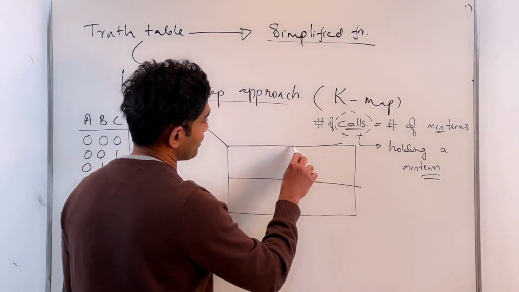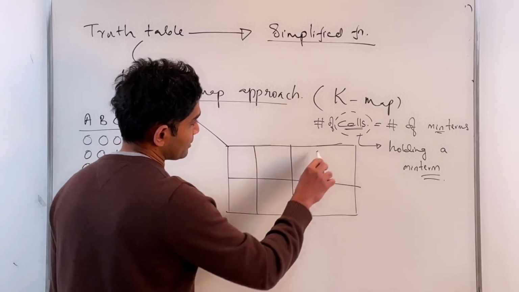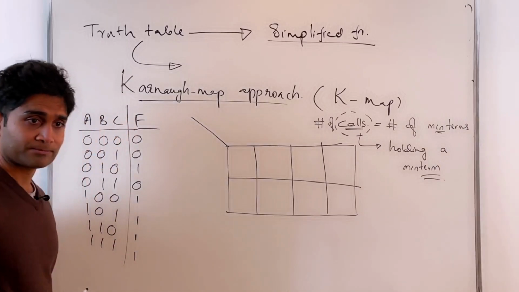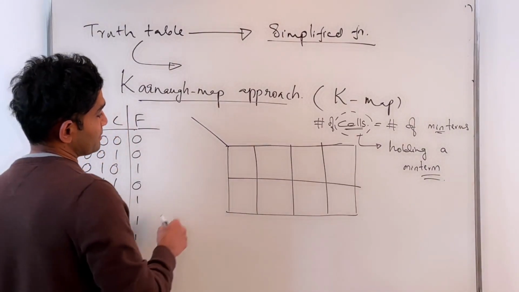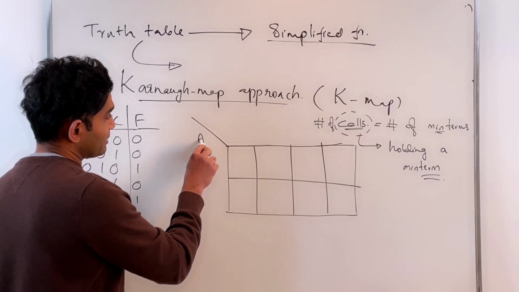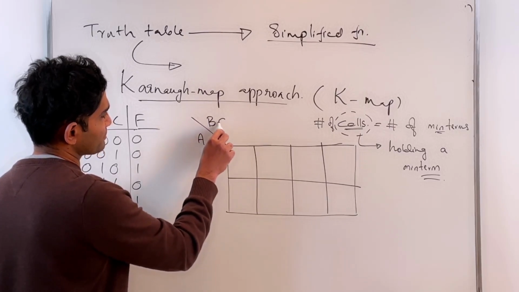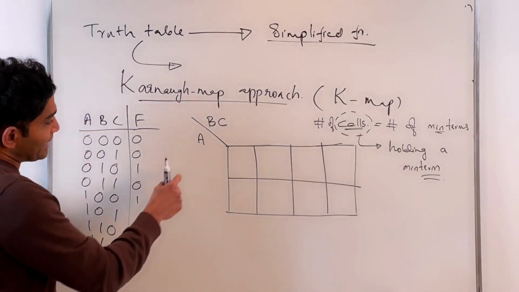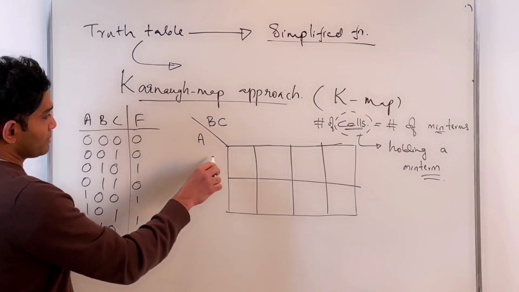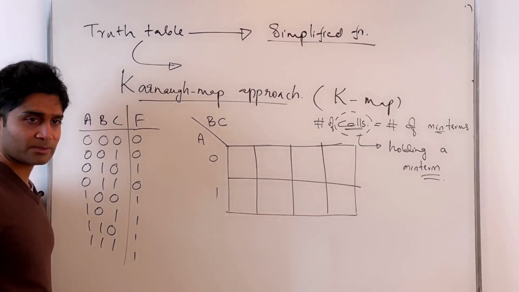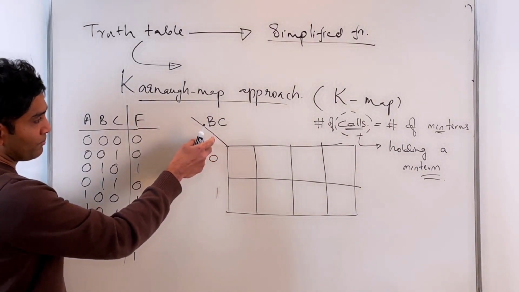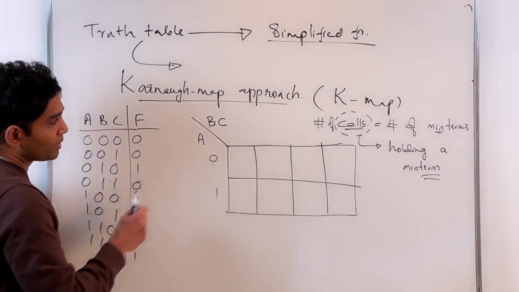So I will first draw a map that contains 8 cells. I have 1, 2, 3, 4, and that's 8, right? And let me call this A, let me call this B, C. It's very similar to your matrix, right? Now, A can take values 0 or 1, so I'll place that. All right, that's 0 and 1. A changes, or the values that A can take is basically 0 and 1.